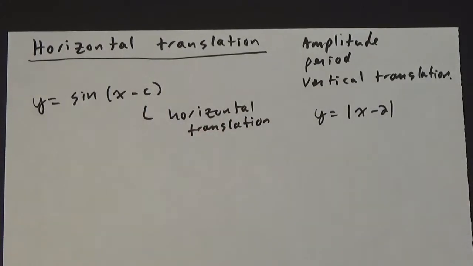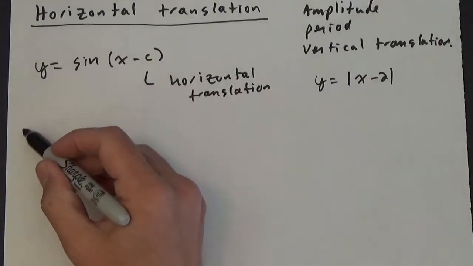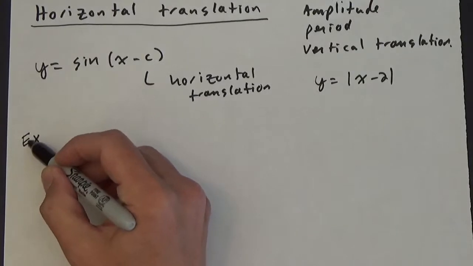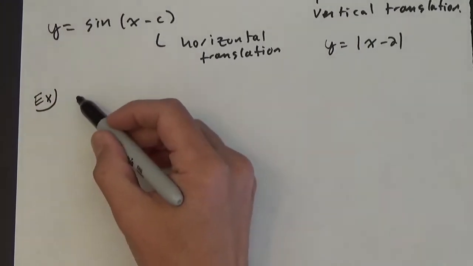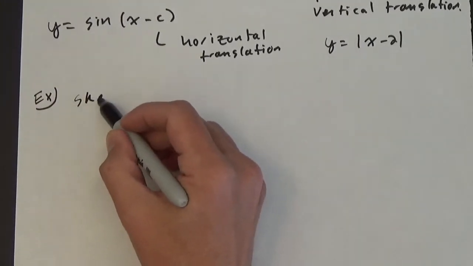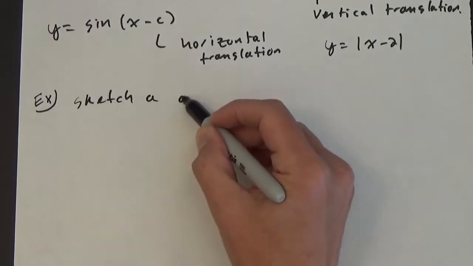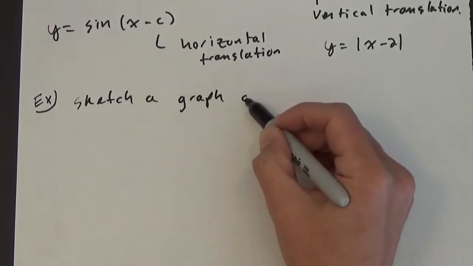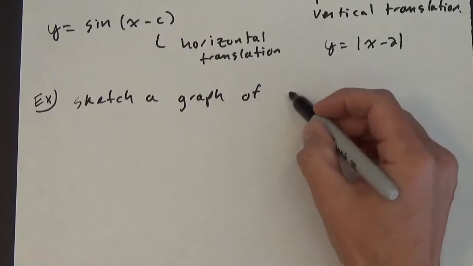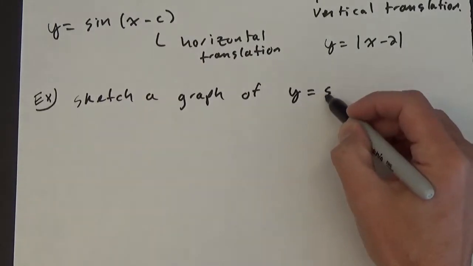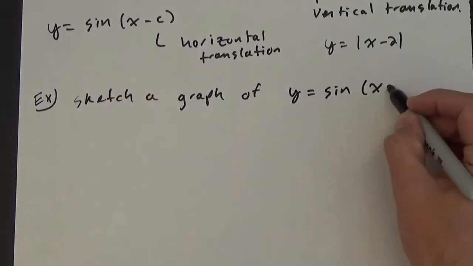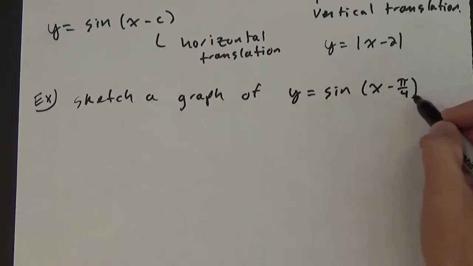So it's the same thing here. Let's look at an example of how this would work. Let's sketch a graph of y equals the sine of x minus pi over 4.